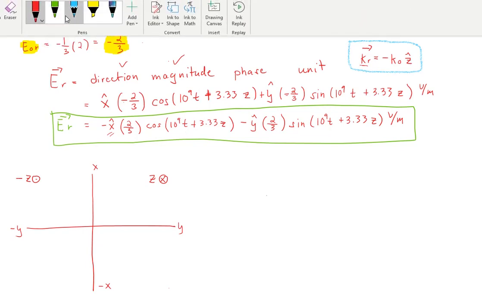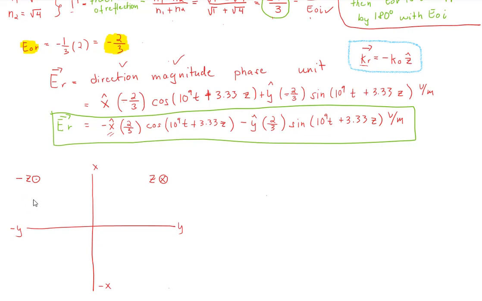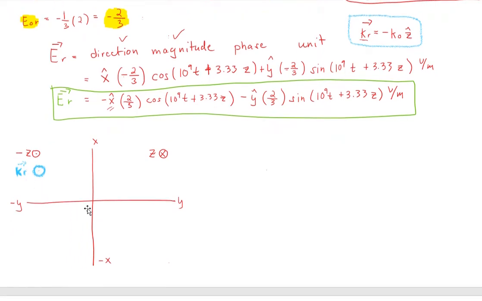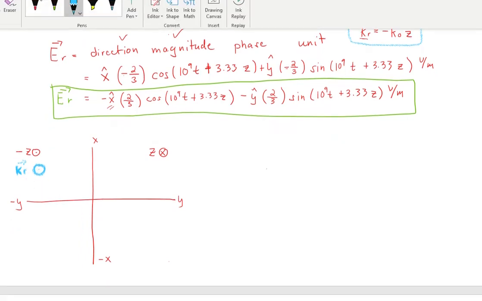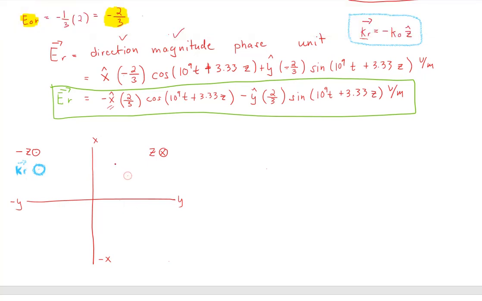So k's of R is going out of the page also. Alright, what else?